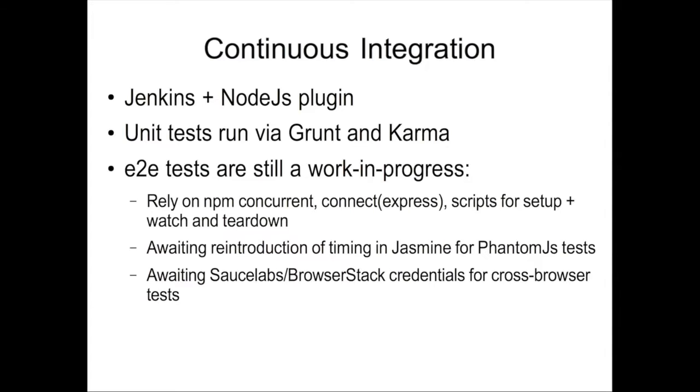But there's a bug, I believe in Jasmine. It's a timing issue. There's a feature request out for it, so it's on hold for right now. We're also still awaiting our credentials. There are some networking issues, availability and tunneling issues right now that we're held up on for cloud-based testing.